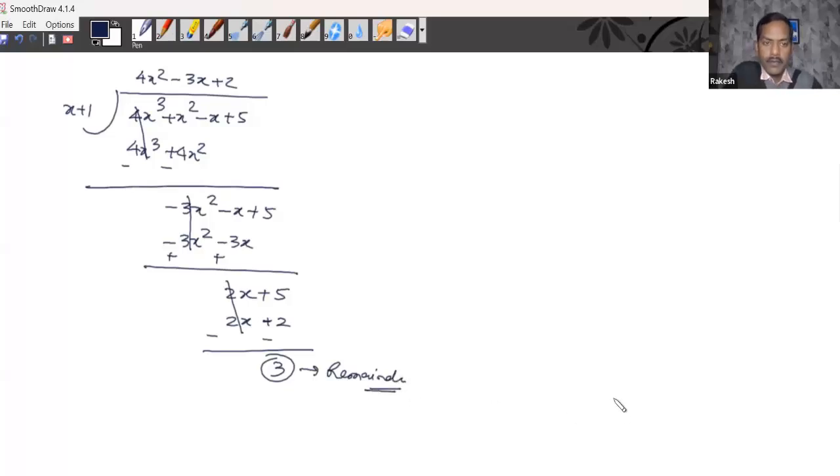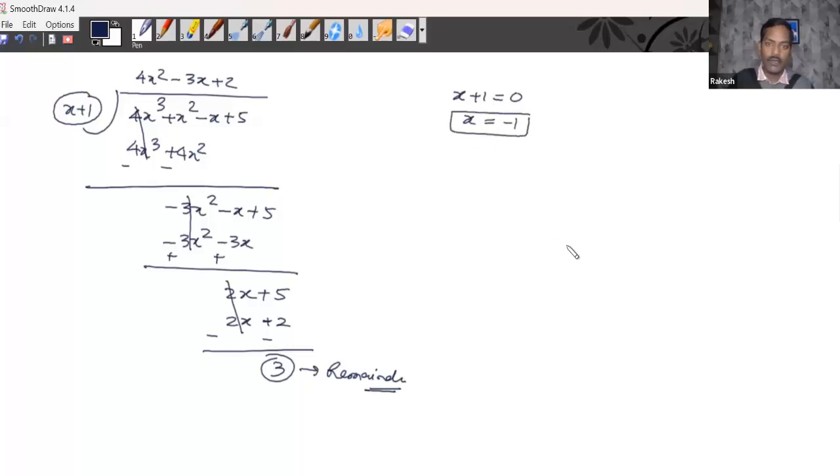Right? Now this is the way of dividing it. In the previous session, we knew that if I want to find the remainder, the simplest way is that we should find the zero of the divisor. The zero of the divisor is what? We have to equate it with 0 and get the corresponding value of x. So the corresponding value of x is -1.